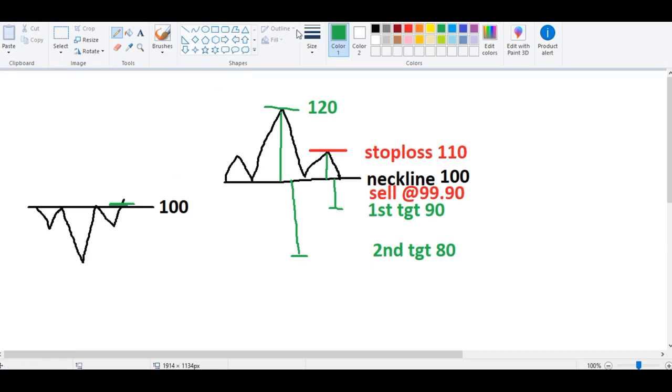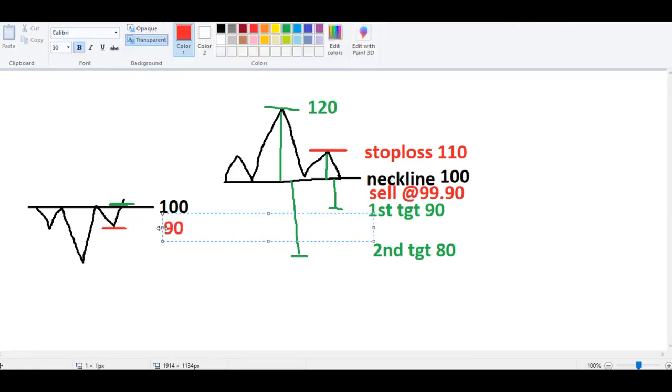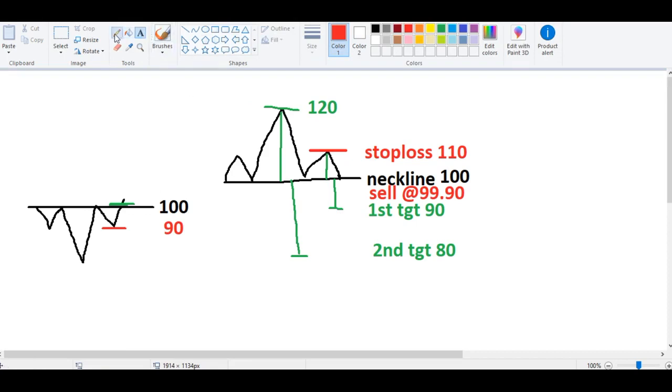So what is my stop loss? The second shoulder low is my stop loss. So let's say my stop loss is 90 rupees, the amount I'm willing to lose on this trade.